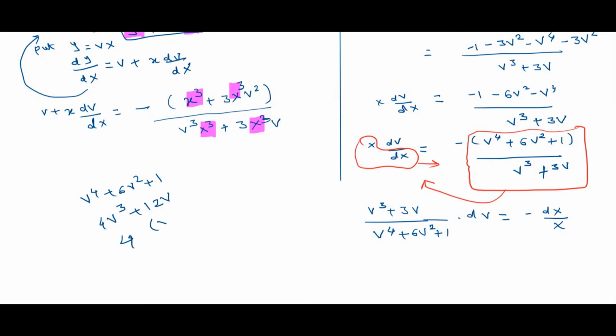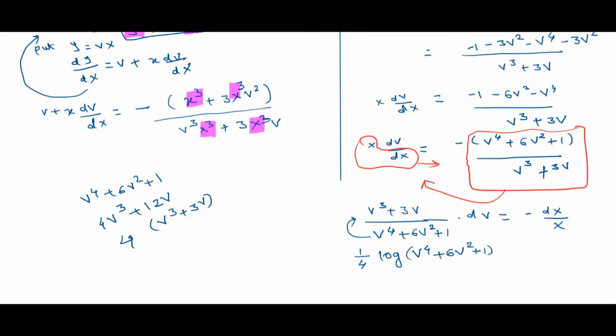If we take 4 common, we are left with v cube plus 3v. So therefore the differentiation of the denominator is equal to the numerator, but we can write it as 1 by 4 logarithm of v raised to 4 plus 6v square plus 1, or you can multiply and divide it by 4.